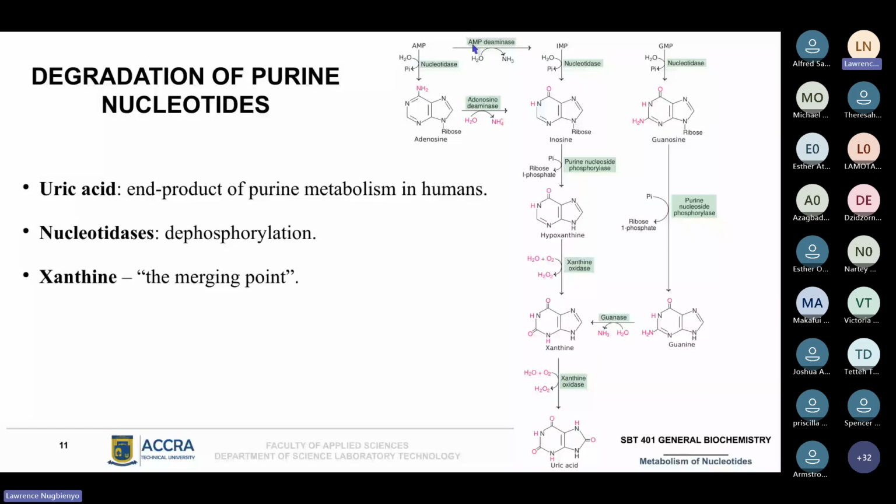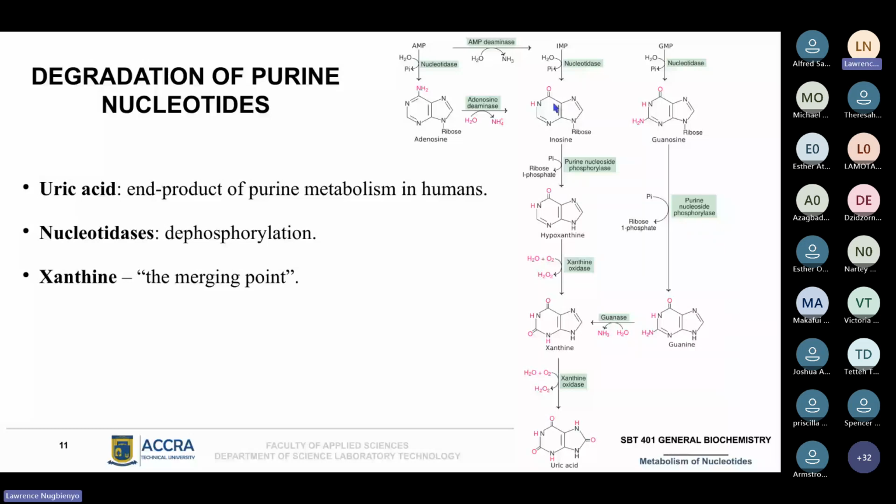Now we see that if you take the path of adenosine monophosphate, undergoing first dephosphorylation and deamination, the product it gives us is inosine, which is inosinic acid bound on the ribose sugar.